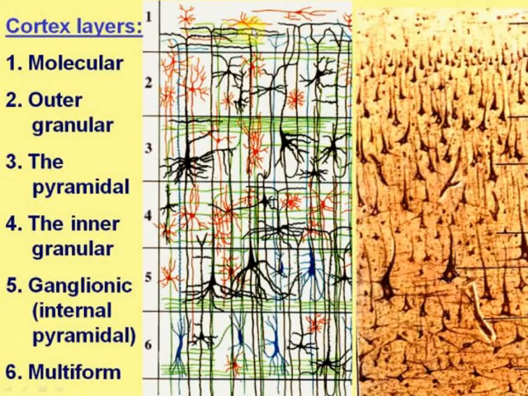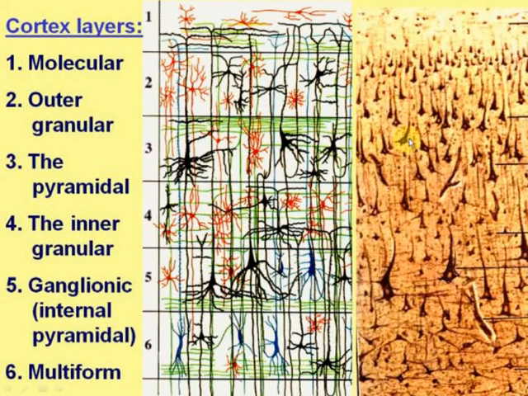The first layer, the superficial layer, just under the meninges, which cover the brain, is the molecular layer. It contains few stellate cells and a lot of nerve fibers, bundles, going parallel to the surface of the brain. The second layer, called the outer granular layer, consists of numerous stellate neurons.